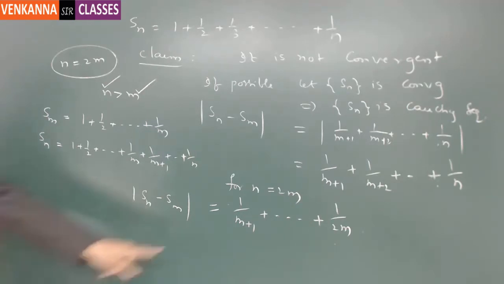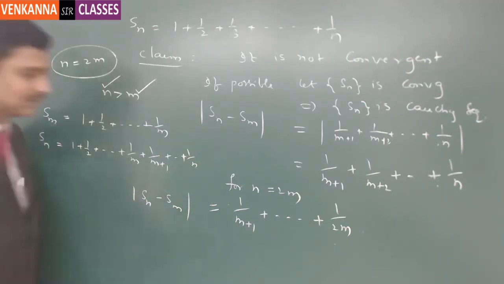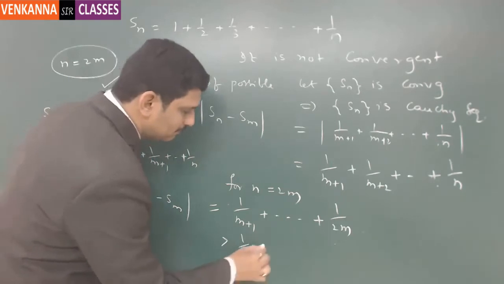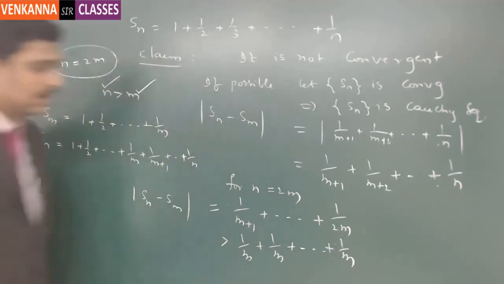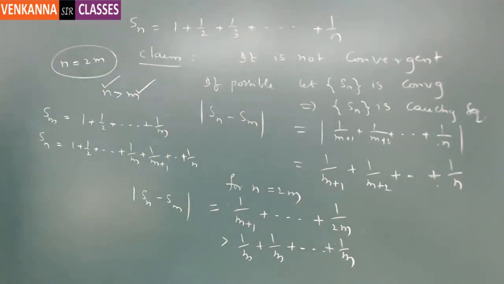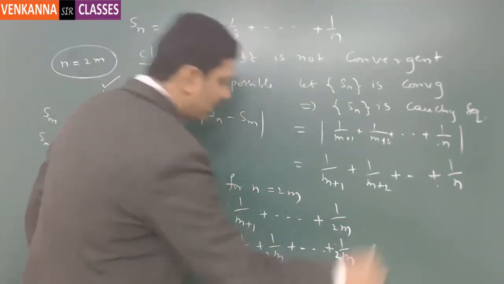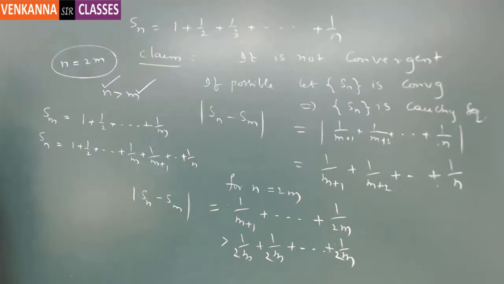So, at this moment, I can say that it is greater than 1 by 2m, 1 by 2m, 1 by 2m. Please understand, you are picking n based on m. n must be a term number which is bigger than m.